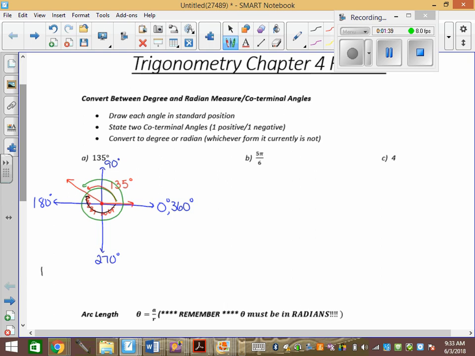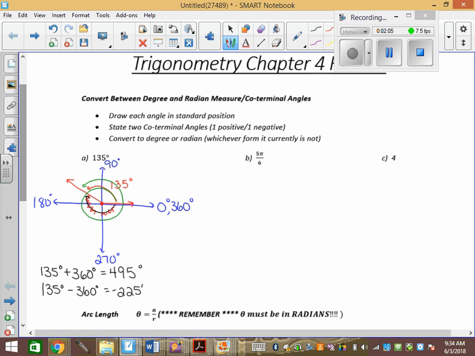So if I go 135 degrees plus 360 degrees, I get 495 degrees. And when I do 135 degrees minus 360 degrees, I get negative 225.